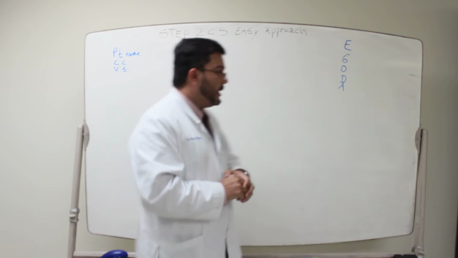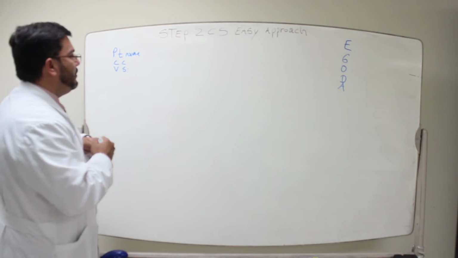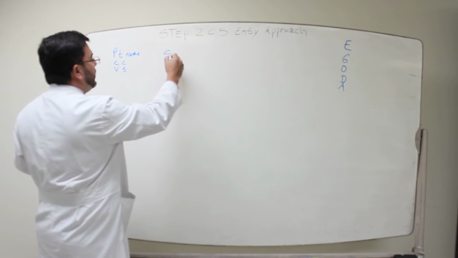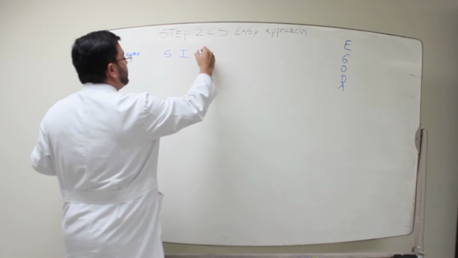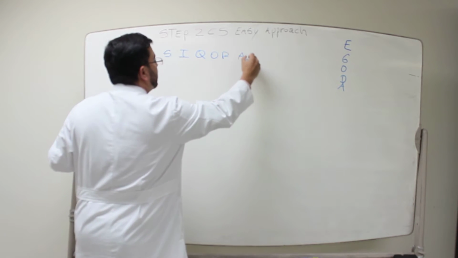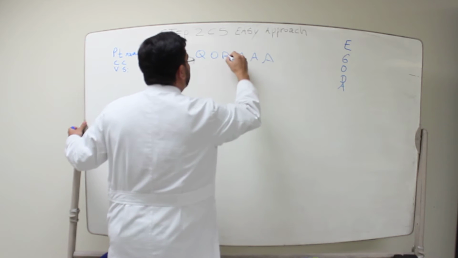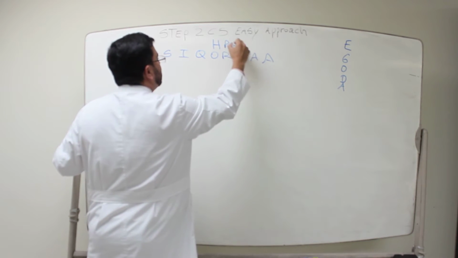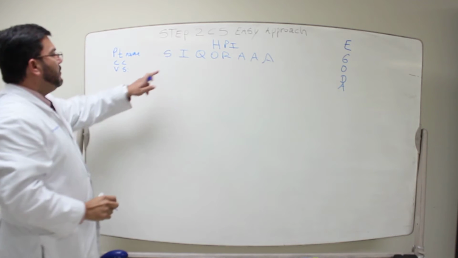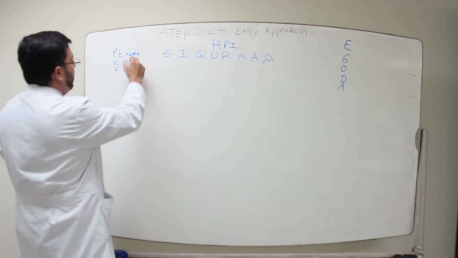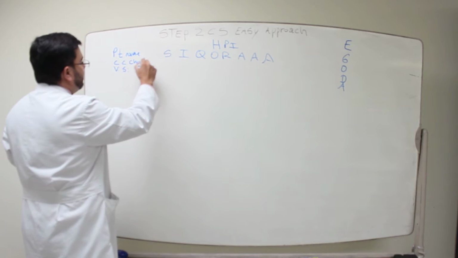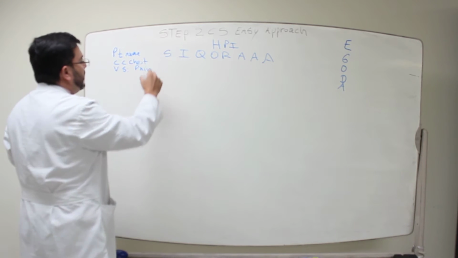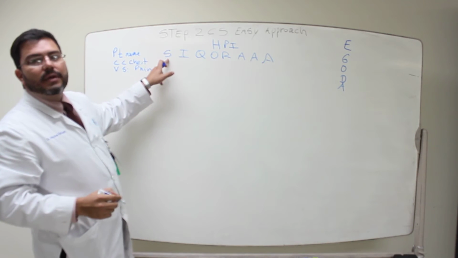Then you have to start asking the patient questions. This is the mnemonic that I use when I talk about history of present illness. For example, if the patient has chest pain, you have to ask where the pain is located.